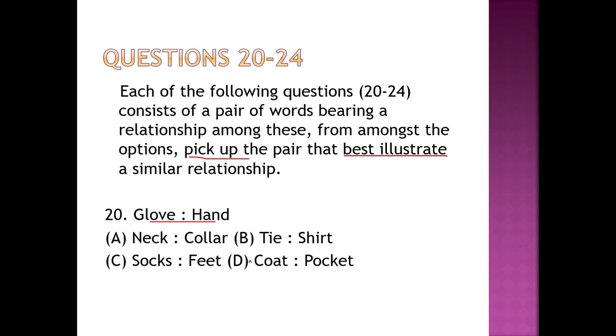You put your hands in your coat pocket, but your hand goes into your gloves, just as your feet go into your socks. You put on your socks much the same way that you put on your gloves. So I would say this relationship best illustrates this relationship. Let's look at another one.